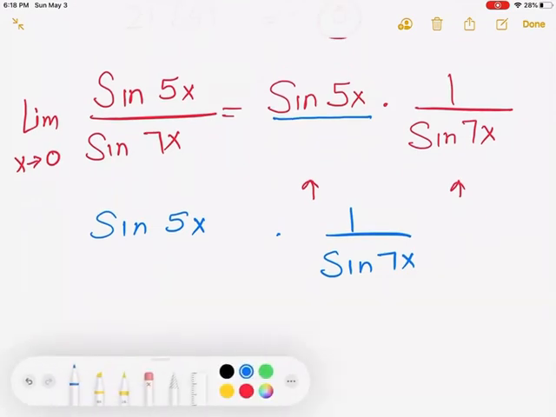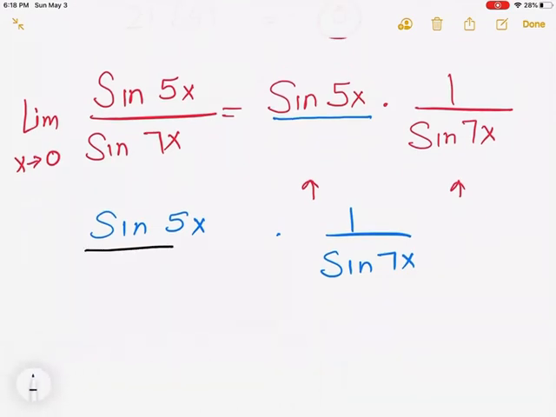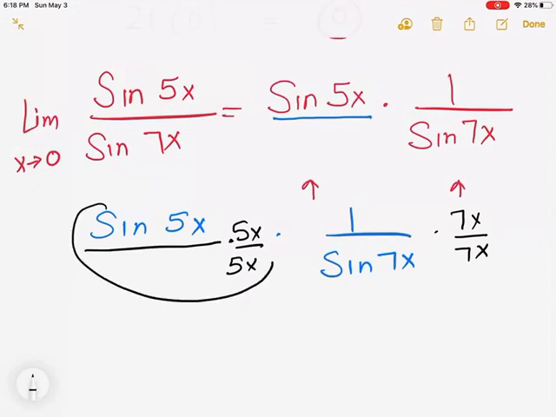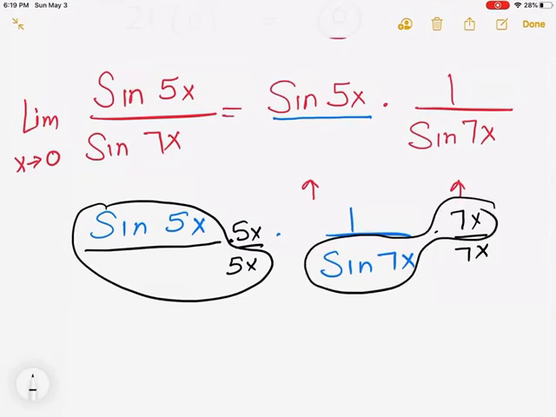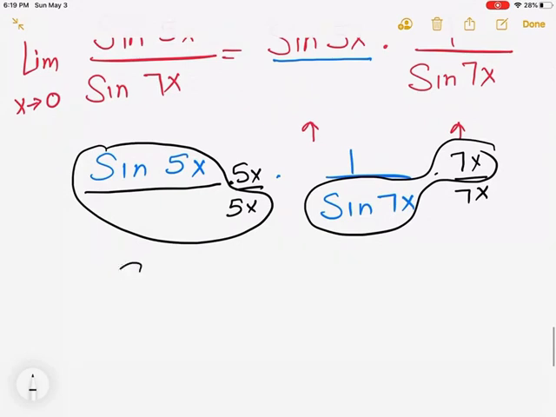Let's use color now. For this part, I have to bring in 5x over 5x. And for this one, I have to bring in 7x over 7x. Almost there. For the first part, the bottom number would complete the pattern. For the second one, the top one would complete the pattern. So let's rewrite it. I see sine of 5x over 5x.